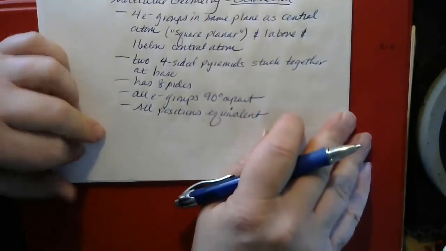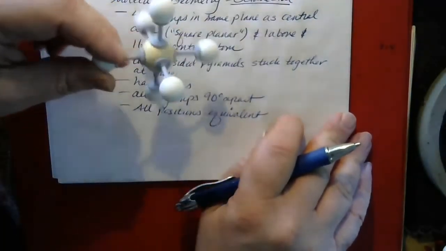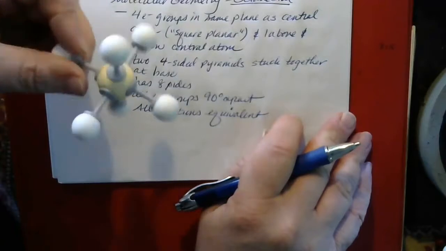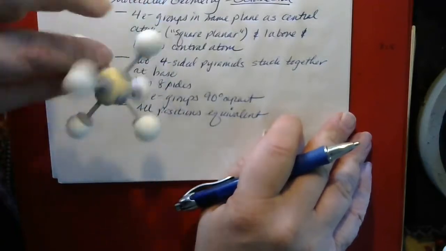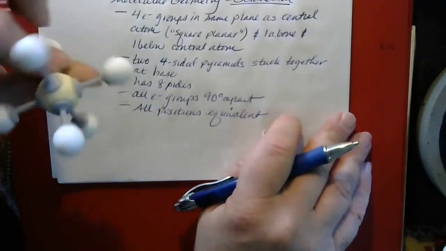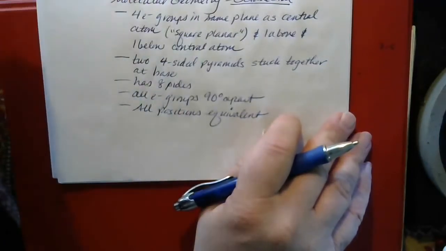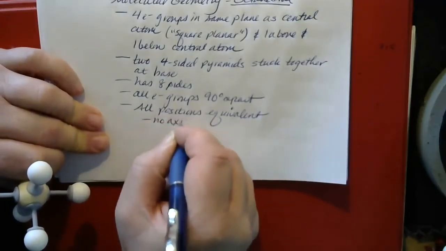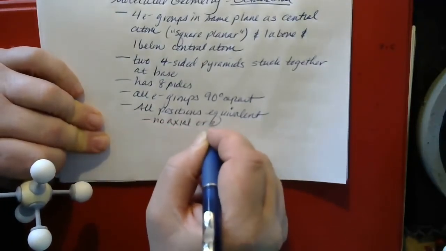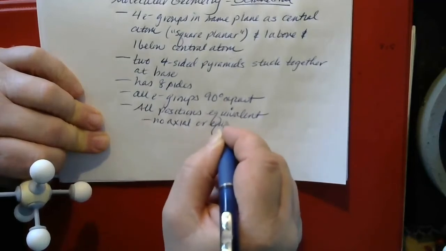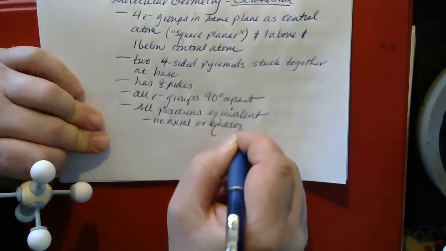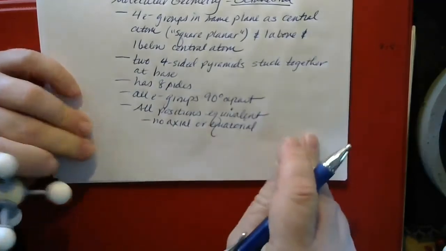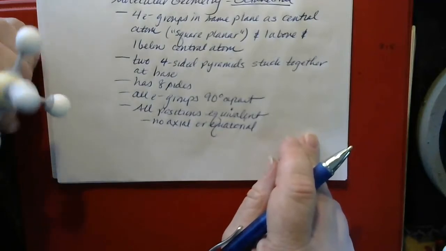If you have a particularly bulky atom to go on one of these positions, it wouldn't matter which one it went on. There's no difference between axial or equatorial. So there's no axial and equatorial in this.